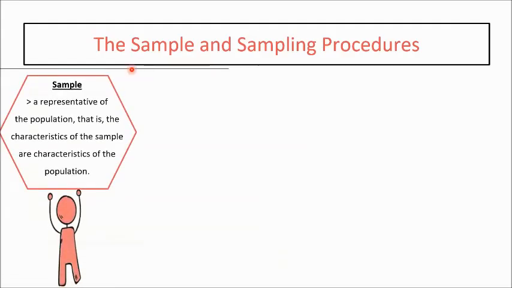The next is the sample and sampling procedures. When we say sample in research, this is a representative of the population. The characteristics of the sample are the characteristics of the population. So who is it that we call the sample?